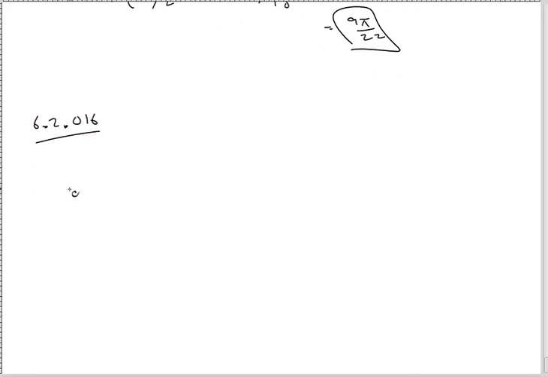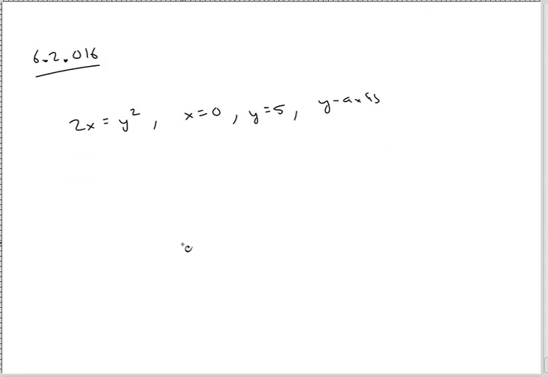I got 2x is equal to y squared. I got x equals 0, I got y equals 5, and I got about the y-axis. Oh, again, why thank you so much. This is what I do.